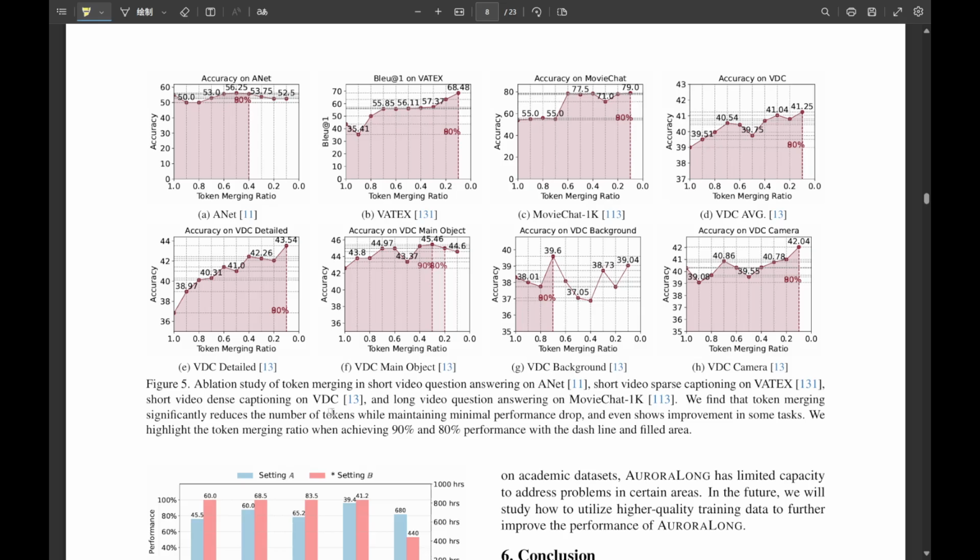They found, kind of counterintuitively again, that for some video captioning tasks, performance actually seemed to get better at lower token retention levels, like keeping only 10%, a 0.1 ratio. Better with less visual information kept? How does that work? It's puzzling, right?